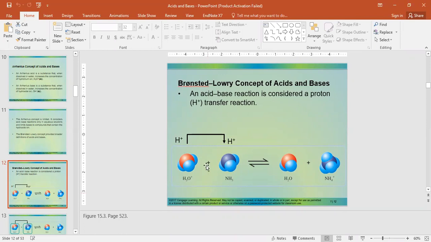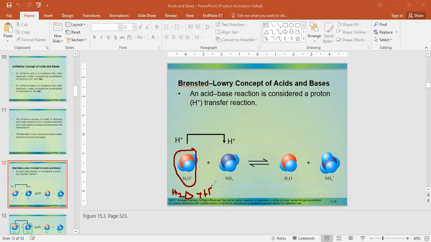For example, if you look at what we have here, this is the hydronium ion, which is water and an acid.